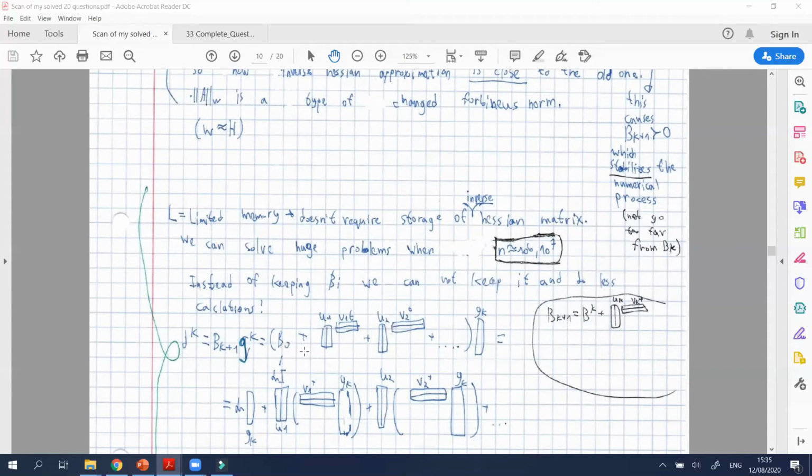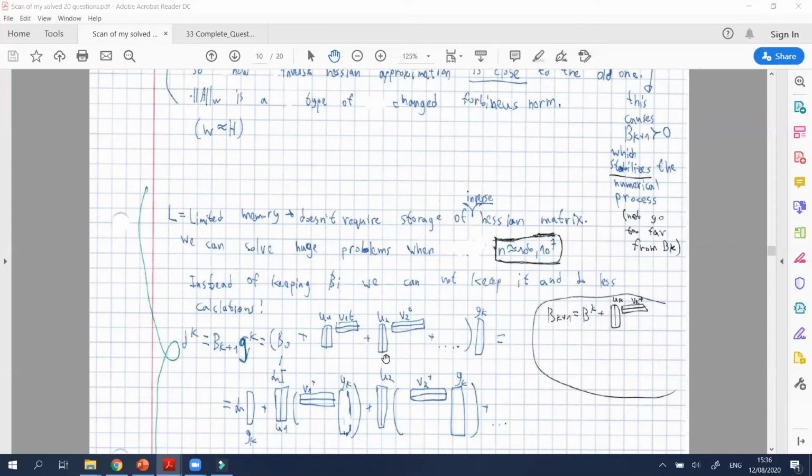So if we look at it, B_0 is probably the identity matrix, maybe multiplied by some scalar, and we can add the rank updates up to now. This is obviously a finite number of updates, up to every k step. K is finite, and then we multiply it by g_k.